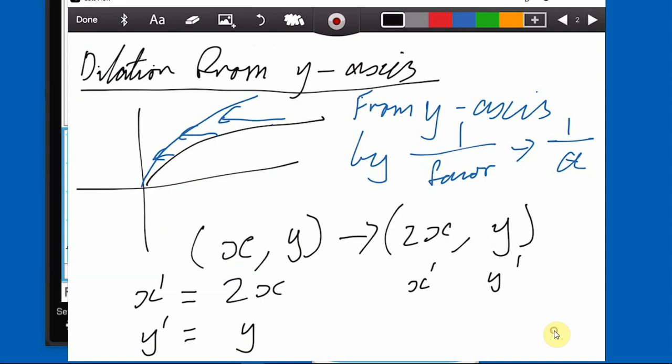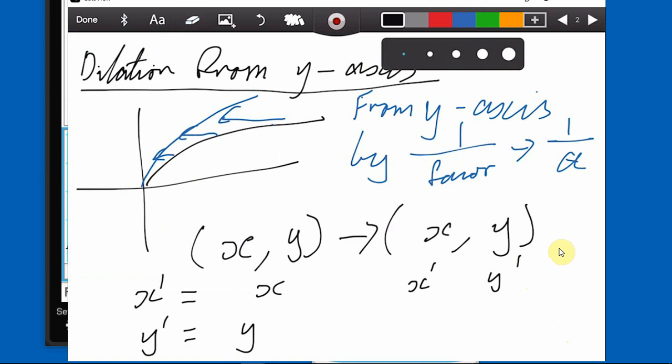All right, so now I've just written all of that underneath without moving those calculators. So we take our x, we multiply it by some factor, so 2x in that case, but if our factor is a, then we multiply it by a, and that translates to a dilation on the y-axis by a factor of 1 on a.